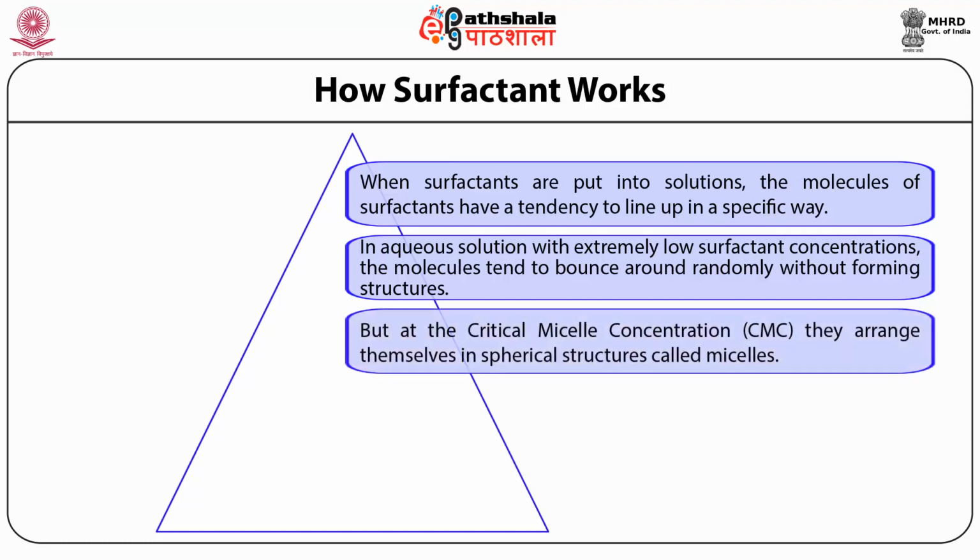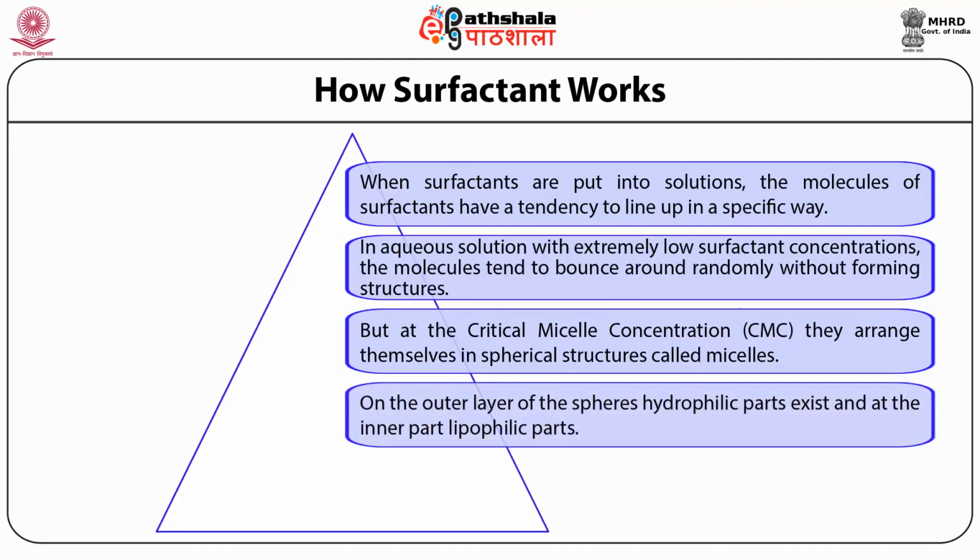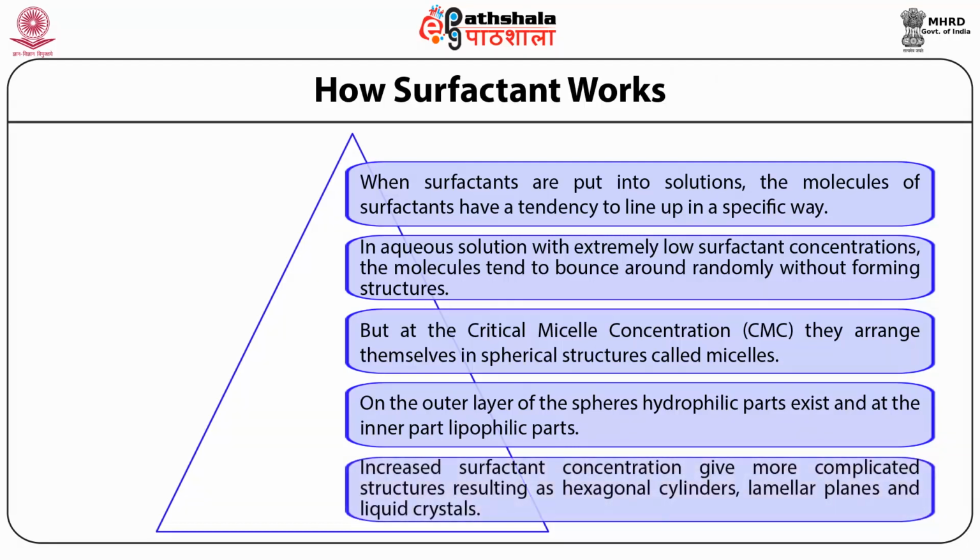But at the CMC, the critical micelle concentration, they arrange themselves in spherical structures termed micelles. On the outer layer of the spheres are the hydrophilic parts of the surfactant molecule, and on the inner layer are the lipophilic parts. Increased surfactant concentration gives more complicated structures, resulting in hexagonal cylinders, lamellar planes, and liquid crystals.